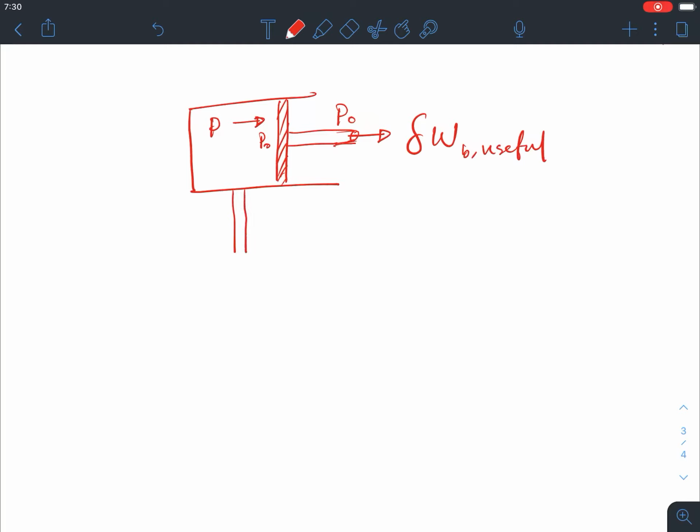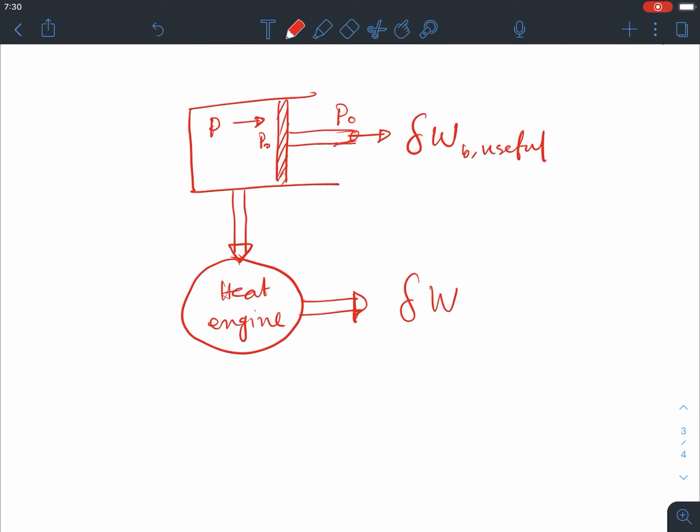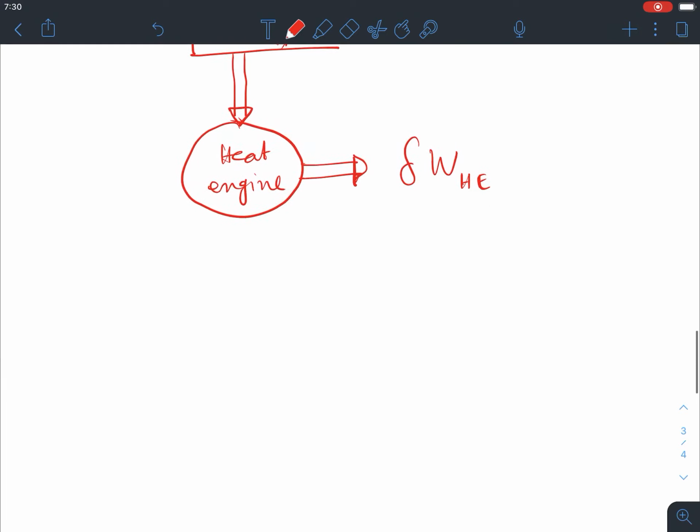And when this system is producing work or releasing heat, that heat is captured by a heat engine, right? That heat engine is also producing some work, which is delta W heat engine.